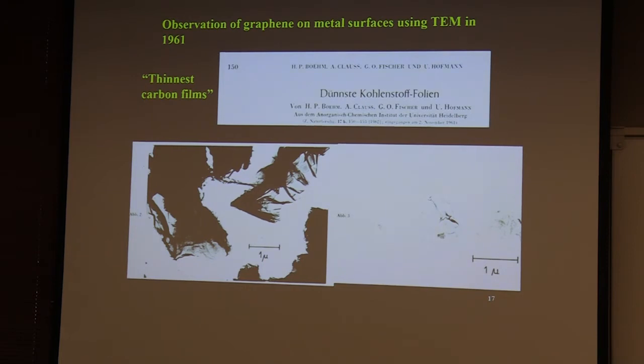They did the Scotch tape method, but this here you don't see clearly, but this shows that definitely the thinnest part is graphene. So they got graphene. So in all the review papers, the work of Boehm and colleagues should be mentioned.